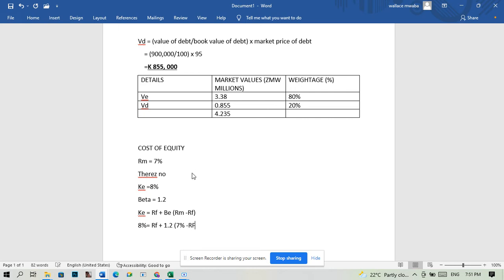Okay, so I hope we remember algebra. What we're going to do is say 1.2 times 7. Just give me that value. 1.2 times 7, okay, 8.4. Then 1.2 times RF, we get 1.2 RF.